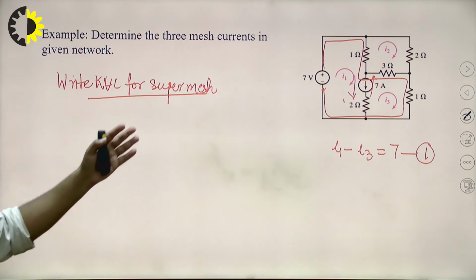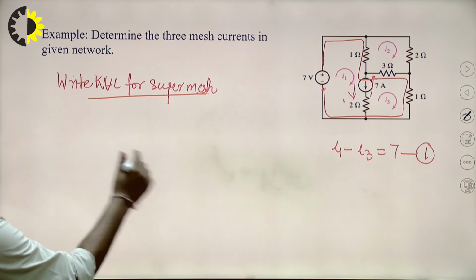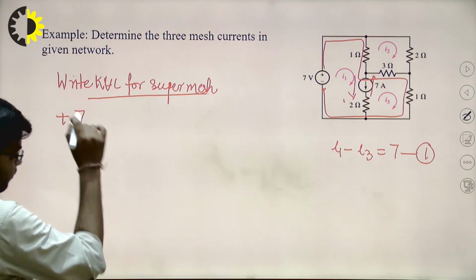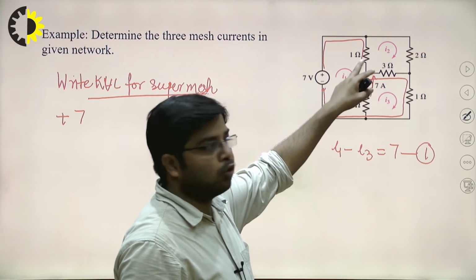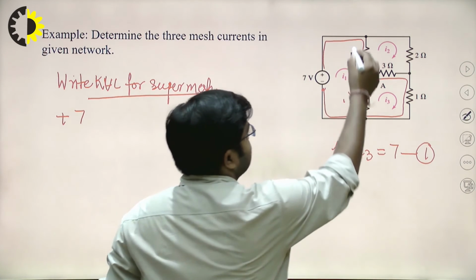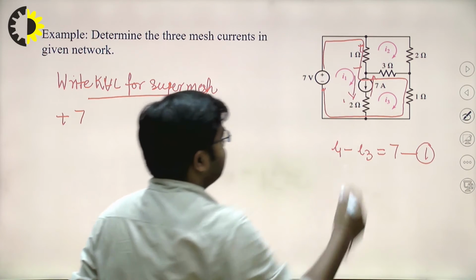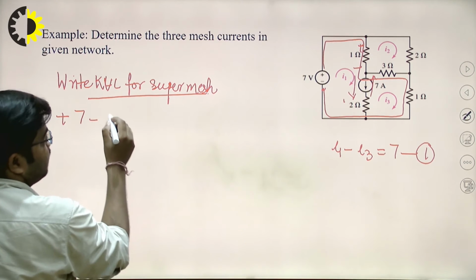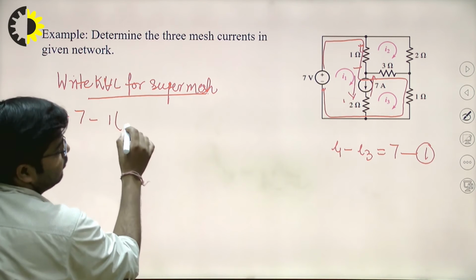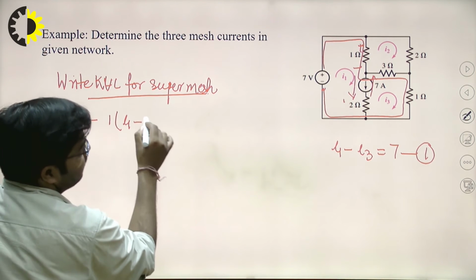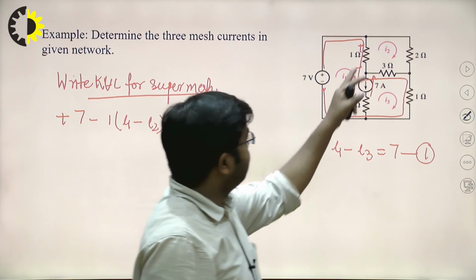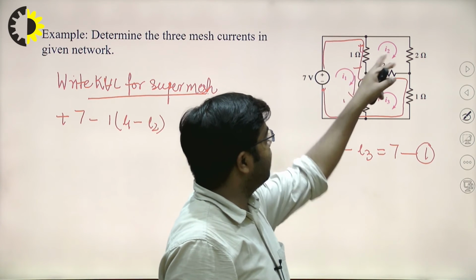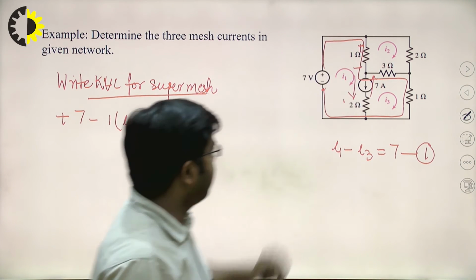Now write the KVL for the super mesh. So 7 plus 7, then voltage drop across this resistance. So this is plus, this is minus, suppose. So minus 1 times (I1 minus I2), because through this resistance both current I1 and current I2 are flowing.